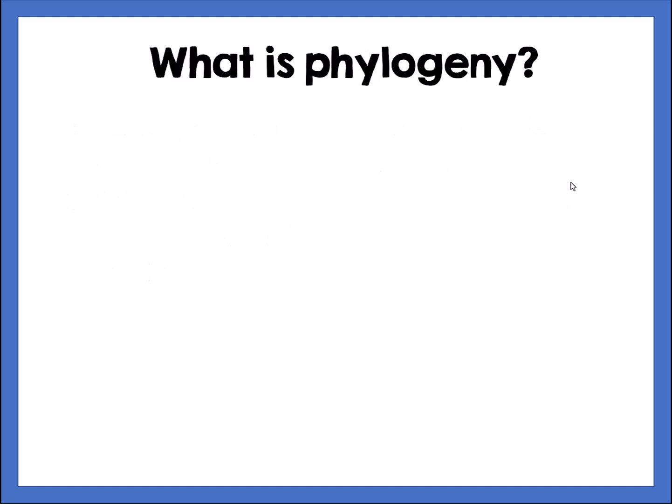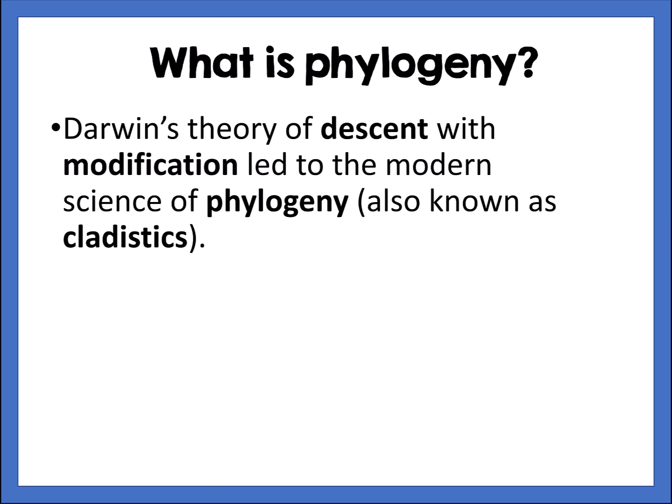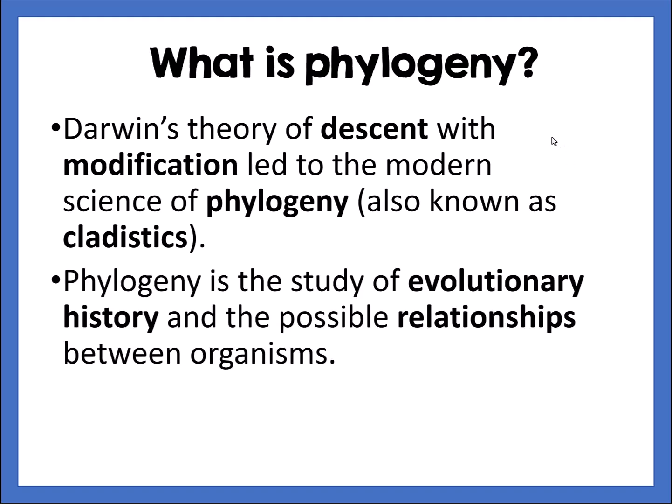Okay, continuing on. Let's talk about phylogeny. So Darwin's theory of descent with modification led to the modern science of phylogeny, which is also known as cladistics. And we'll discuss how this relates to the classification in just a second.